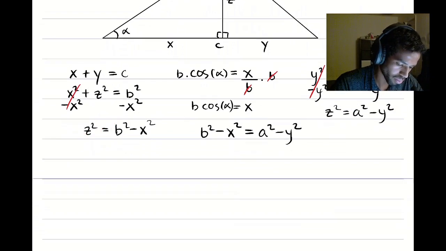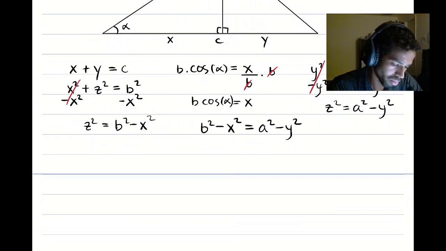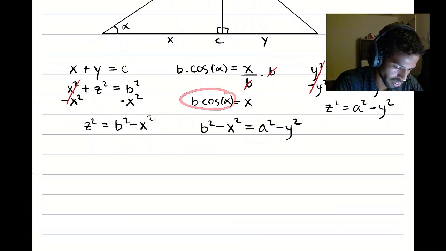Okay. So now, let's see. It looks like we can substitute for x here. So instead of having an x, I'm gonna put b cosine alpha.